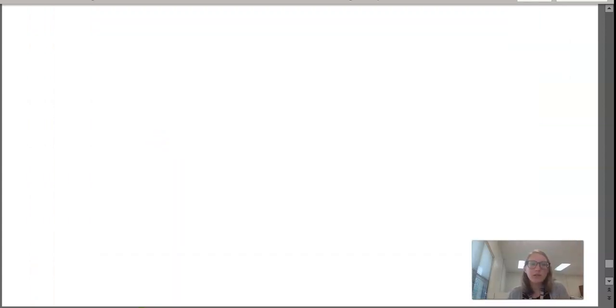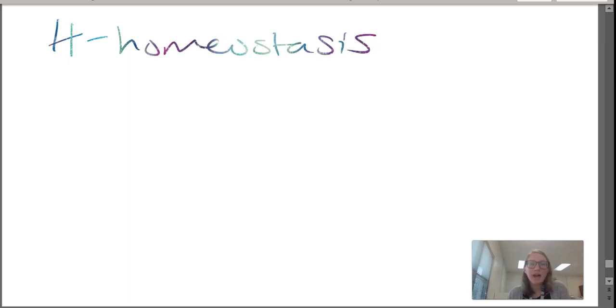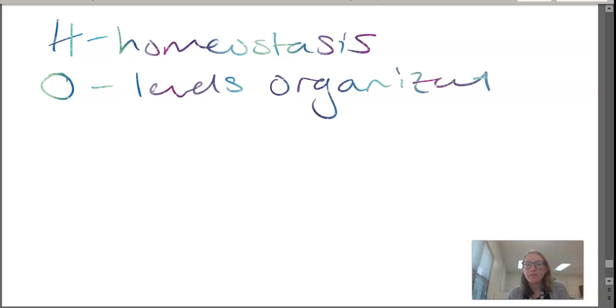So in order for something to be considered living, they have to have H, homeostasis. They have to have O, levels of organization. They have to have G, growth and development.